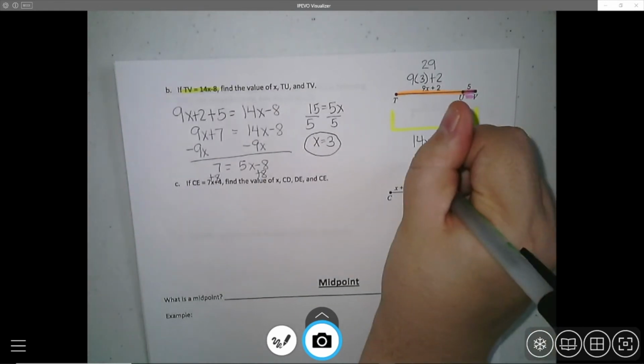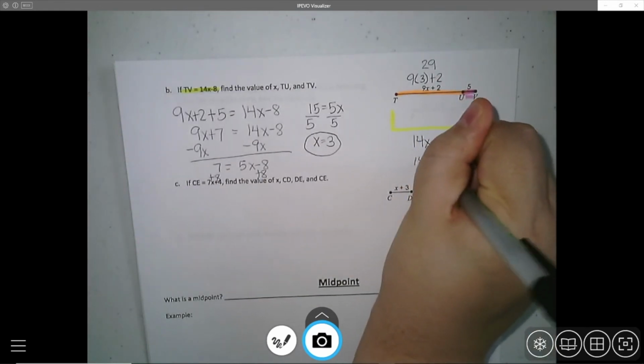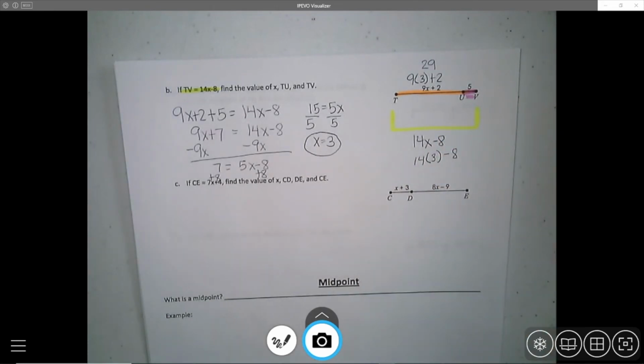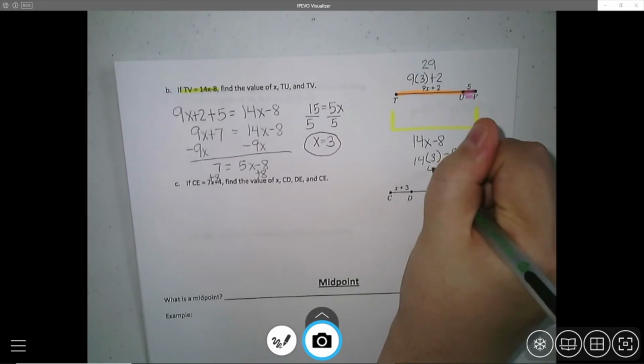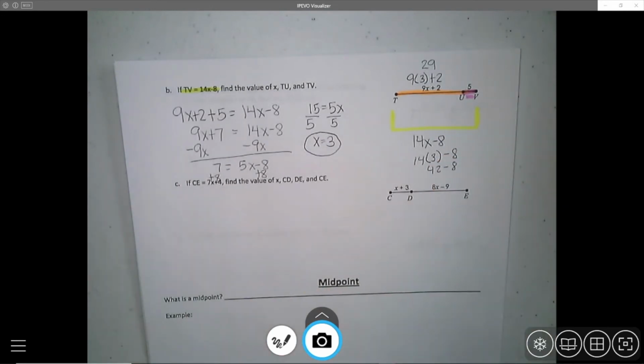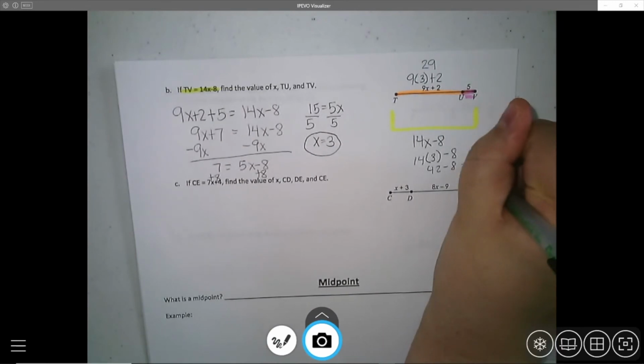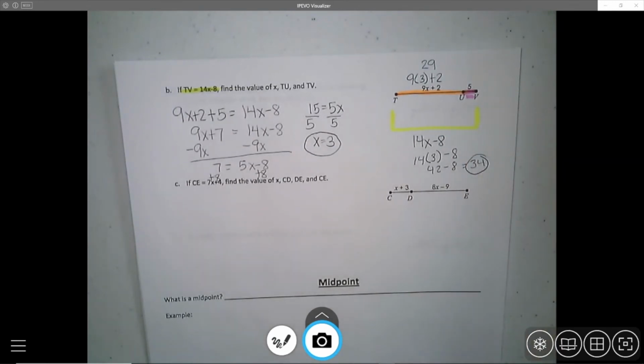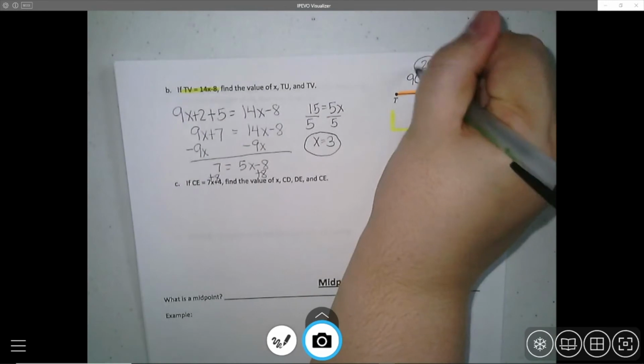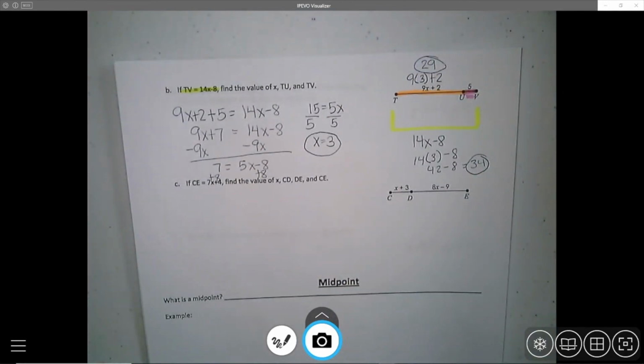To find it, 14 times 3 minus 8. 14 times 3 is 42 minus 8. And I get an answer of 34. So TV is 34, TU is 29, and x equals 3.